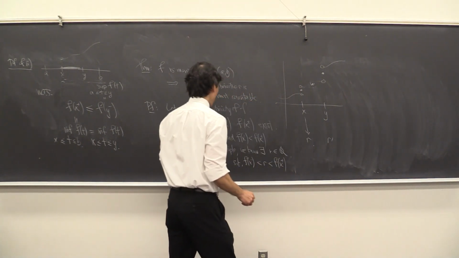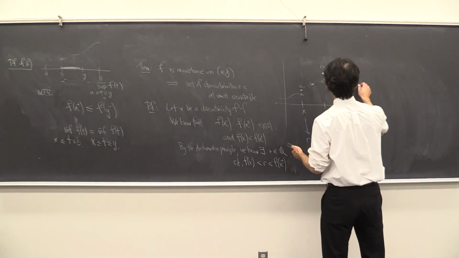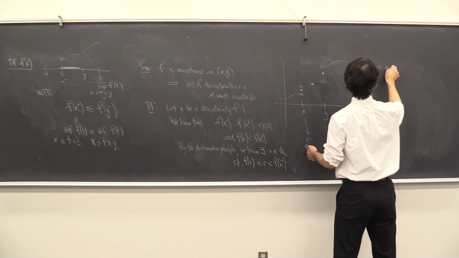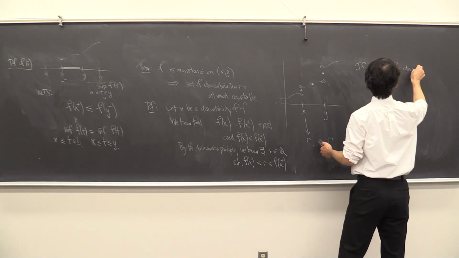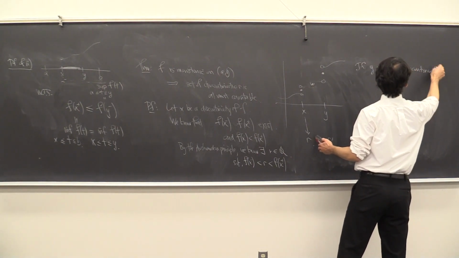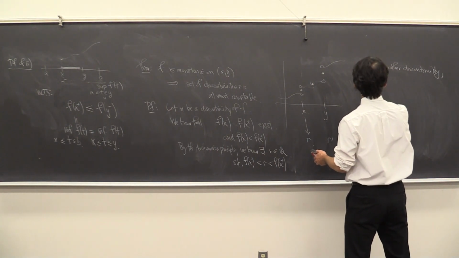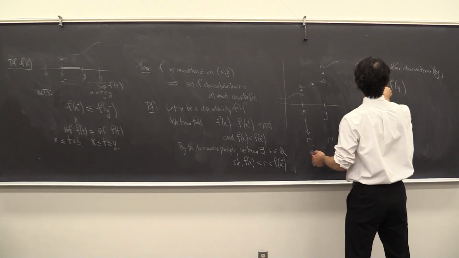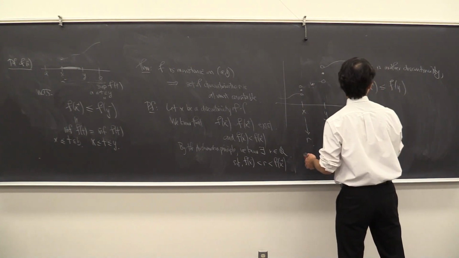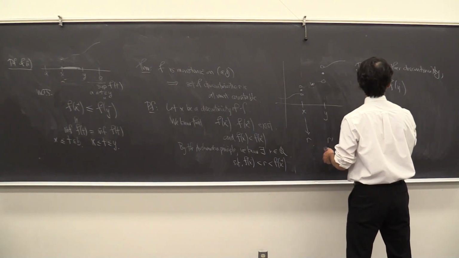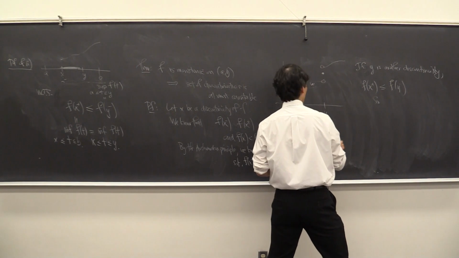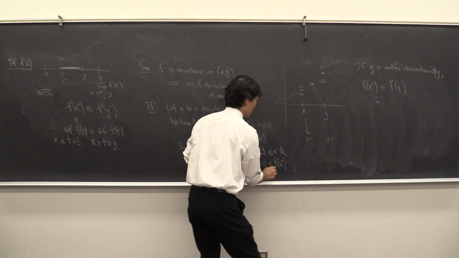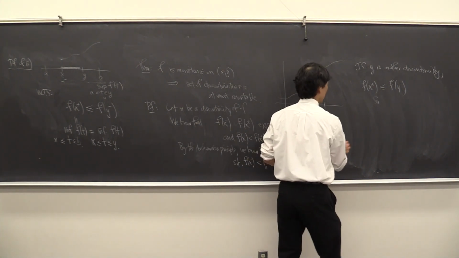Okay. So since y is another discontinuity, then we know that the limit from the left-hand side of y is bigger than or equal to the limit from the right-hand side of x. So let me call this R sub x, R sub y.